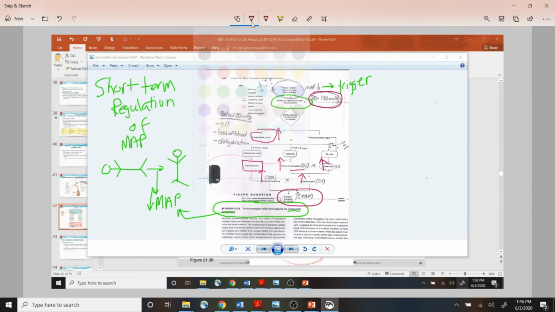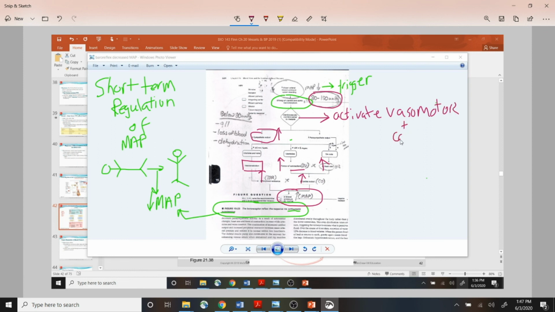So how does the sympathetic nervous system know how to do this? Well, the baroreceptors are the sensors that are telling the cardiovascular control center that blood pressure has dropped, that will activate the vasomotor center and the cardioacceleratory center. The vasomotor center will cause the total peripheral resistance to increase.